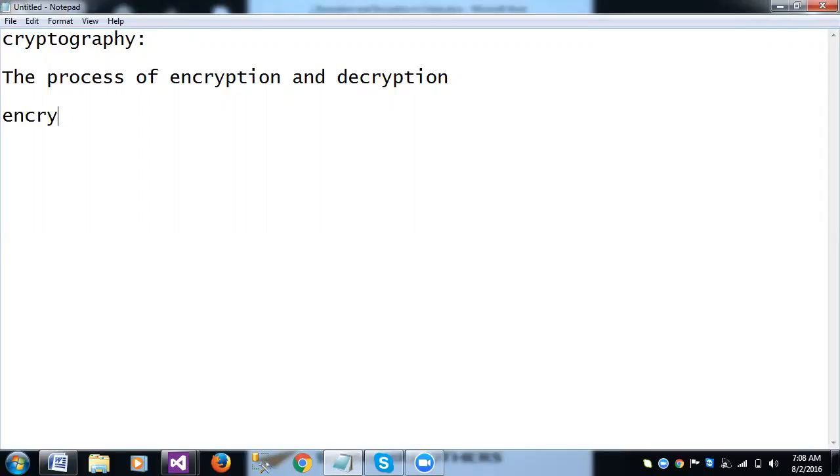Encryption is nothing but plain text being converted to ciphertext. So, what is ciphertext and what is plain text, we can understand. Internally, we have many algorithms.